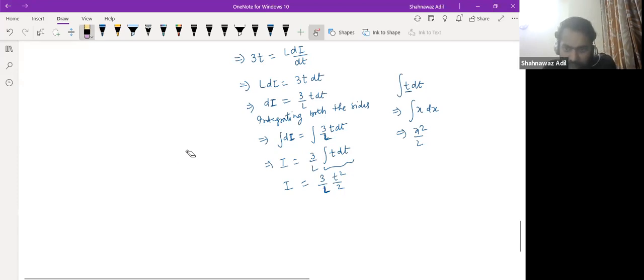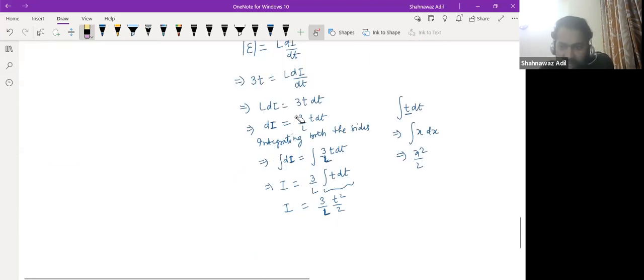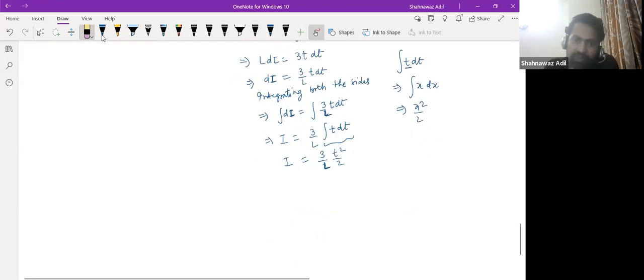You are correct that this would be plus c, but if v is 0, then the current would be 0, so we can take c to be 0.